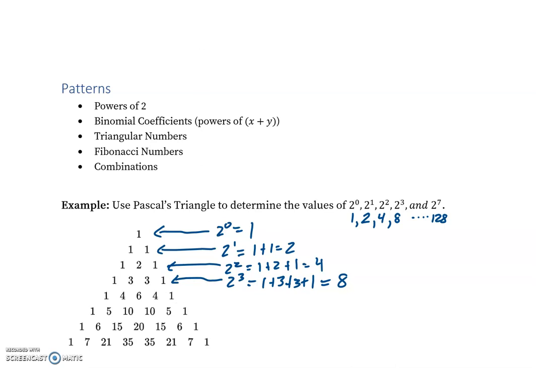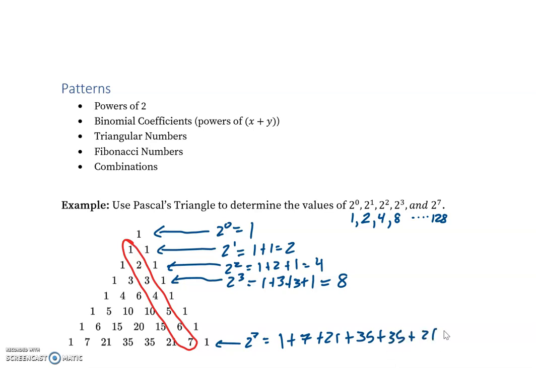But what we can do is we can take a look at one of these diagonals and say, oh, 2 to the 1st was here, 2 to the 2nd was here, 2 to the 3rd was here. So, okay, 2 to the 7th is going to be that second diagonal where we see 7. So right here, 2 to the 7th, we're going to add up 1, 7, 21, 35, 35, 21, 7, and 1.